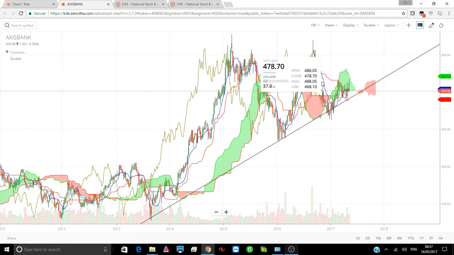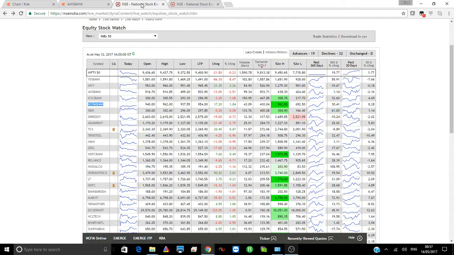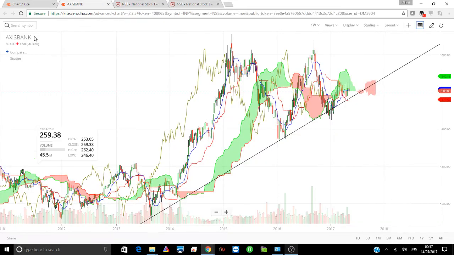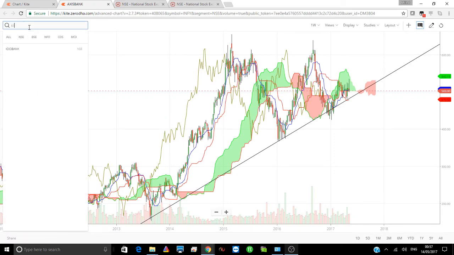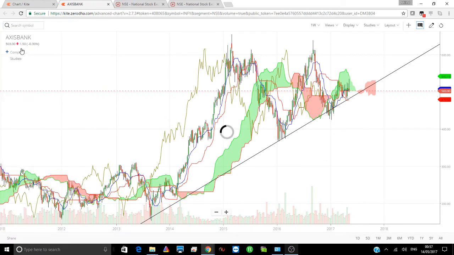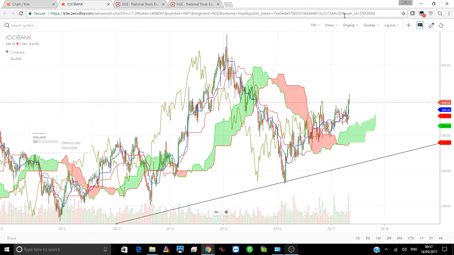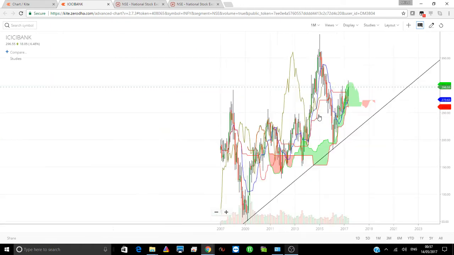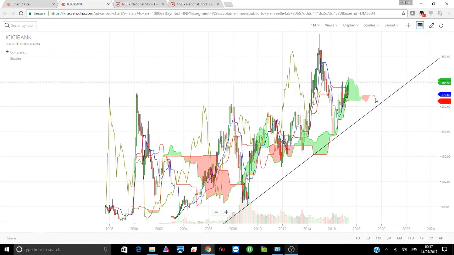I don't want to get into this one. I leave that there. ICICI Bank is the next one. ICICI Bank. There you go. Wow, this looks interesting. Let's look at the monthly. Ah, would you buy this?